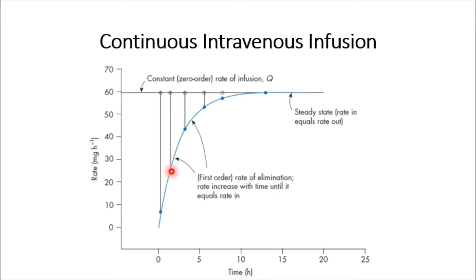This will allow accumulation of drug until we reach a point at which the amount of drug that is infused is equal to the amount eliminated. And in this case, we reach a constant plasma concentration. We call it a steady state plasma concentration at which rate in equals rate out.